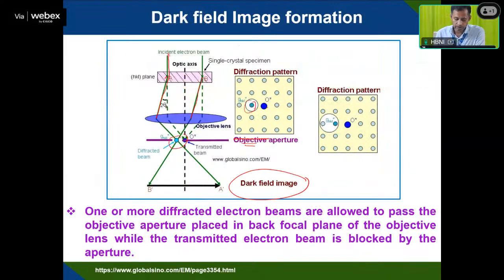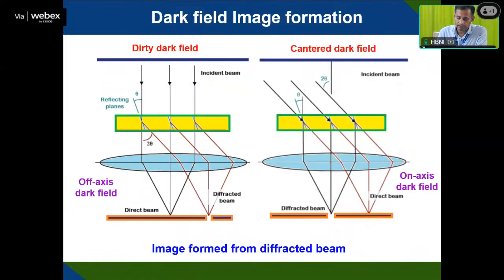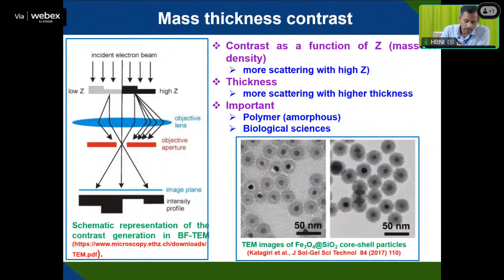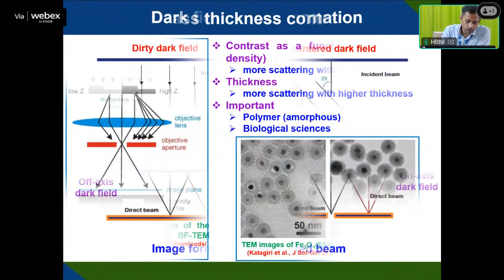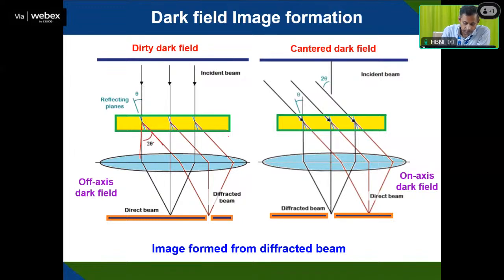If you see here, as I told, the direct beam goes directly through the sample. But in the dark field image that we are producing with the diffracted beam, you can see the direct beam is coming here and is being stopped by an aperture, and the diffracted beam is coming here and going through the aperture to form an image.